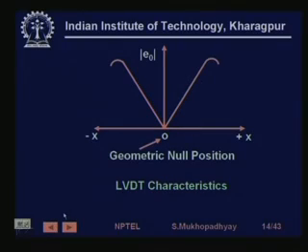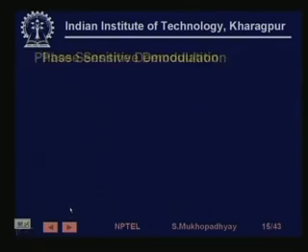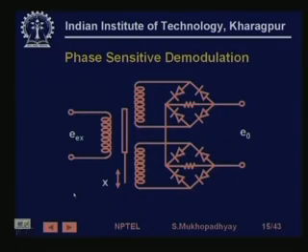Therefore we have to extract the phase information if we want to know which side it is moving, that is the algebraic sign of the displacement, and that is exactly what is done by phase sensitive demodulation.